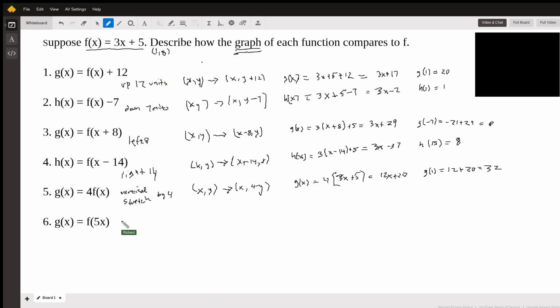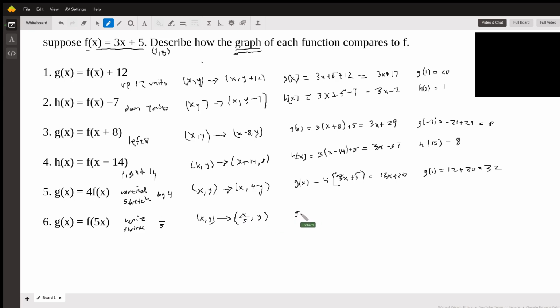Okay, and now we have the last one, which is a horizontal shrink. And the factor here is 1 over 5. So x comma y goes to x over 5 comma y. Let's take a look at this one.